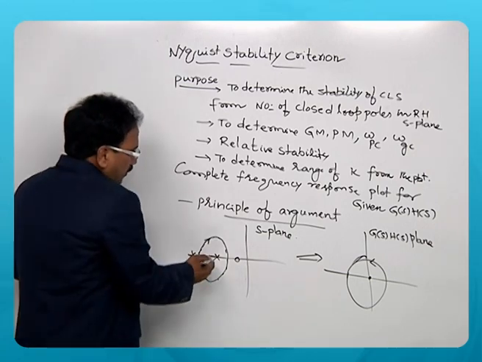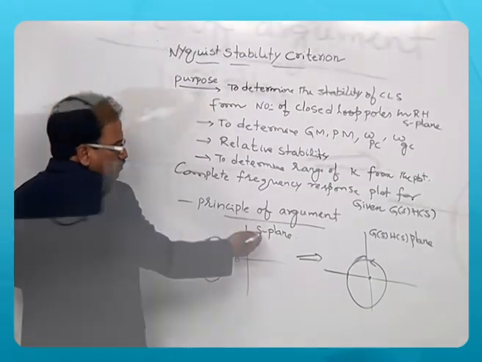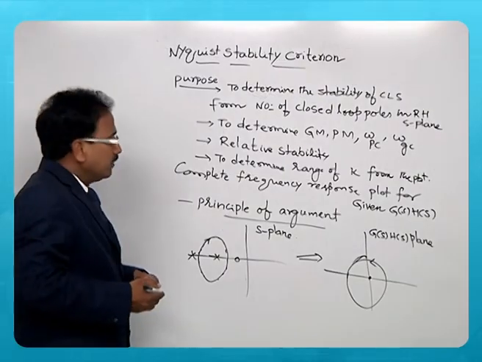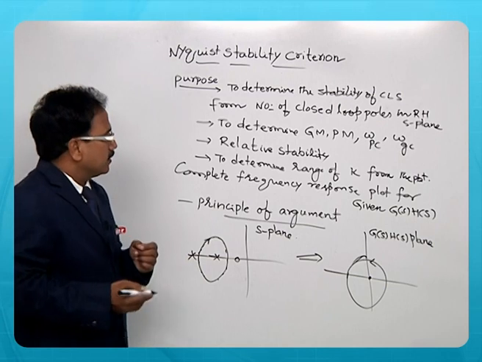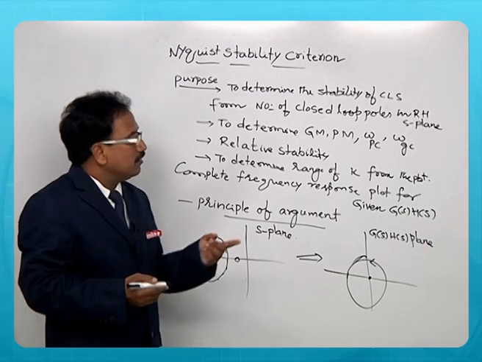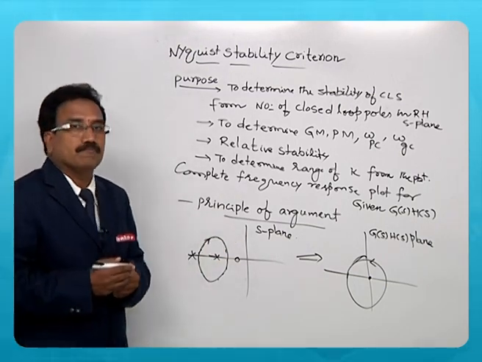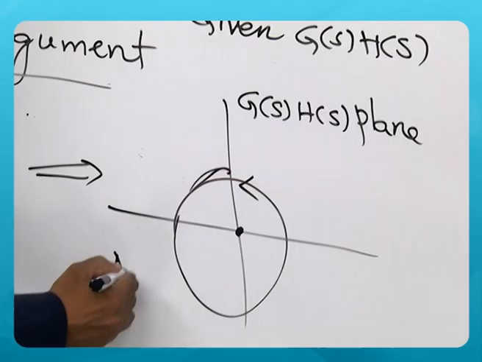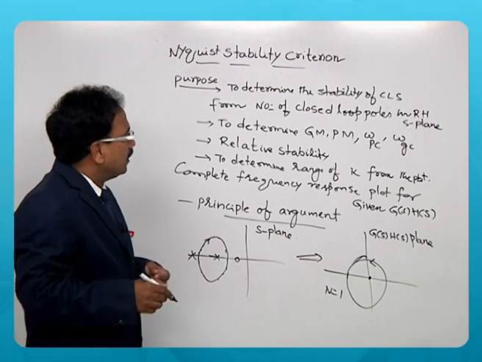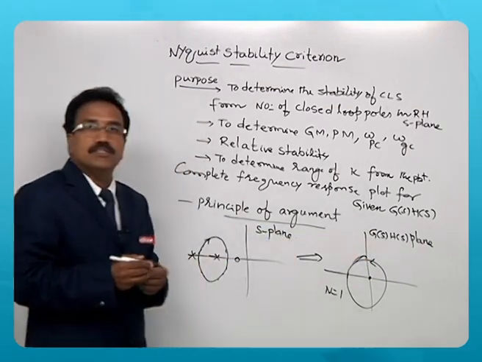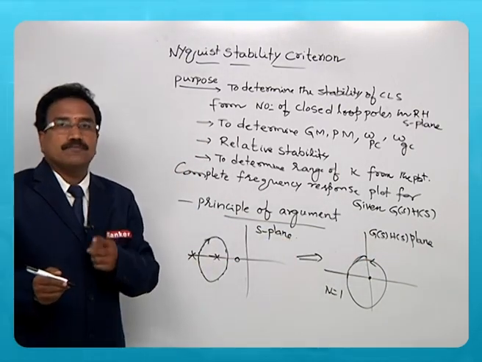So when a pole is covered in the S-plane by a closed path, it encircles the origin in the G(s)H(s) plane. So n, the number of encirclements about the origin in the G(s)H(s) plane, is equal to 1.